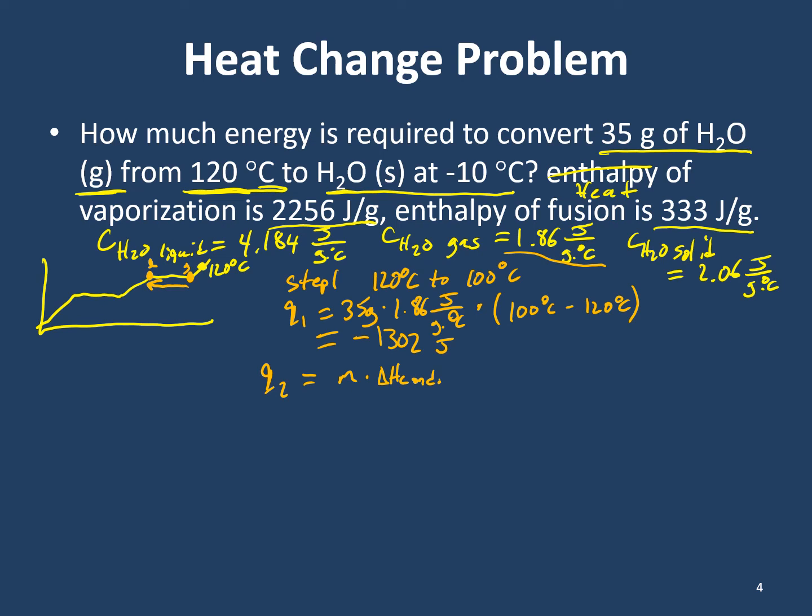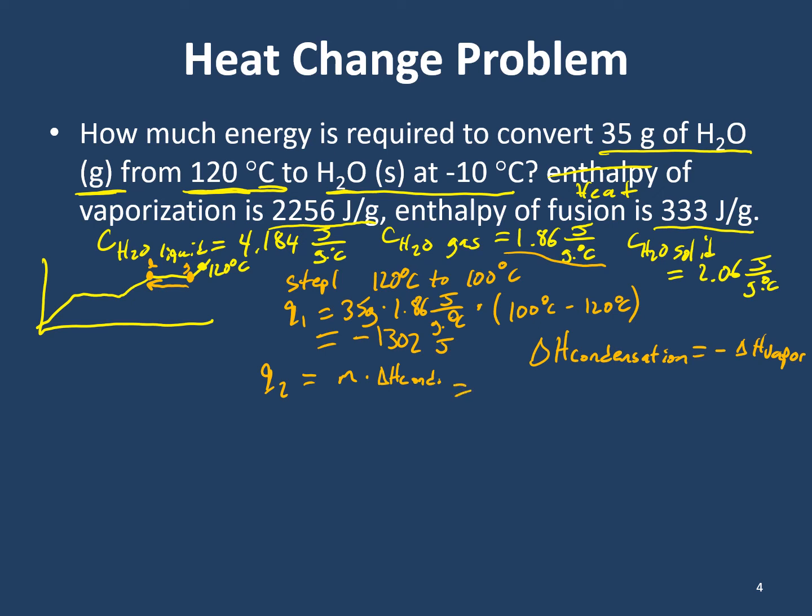Well, I don't have the heat of condensation, I have the heat of vaporization. Well, remember, we talked about this earlier. Heat of condensation is equal to the negative heat of vaporization. I'm just going to say vapor. Which means I do have the condensation value. It's just negative 2,256 joules per gram.